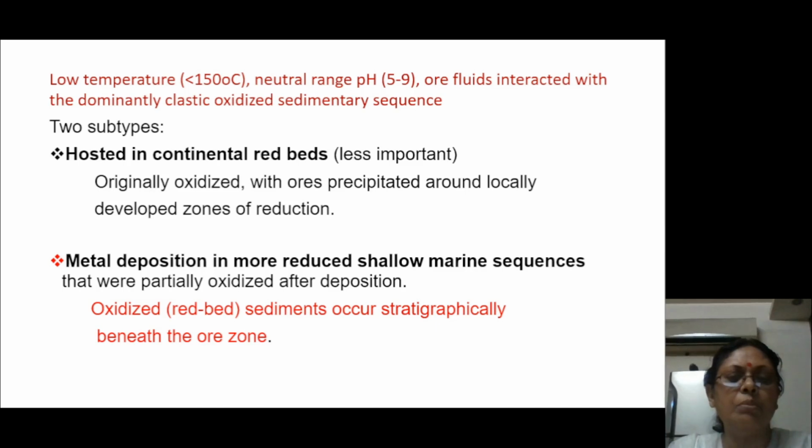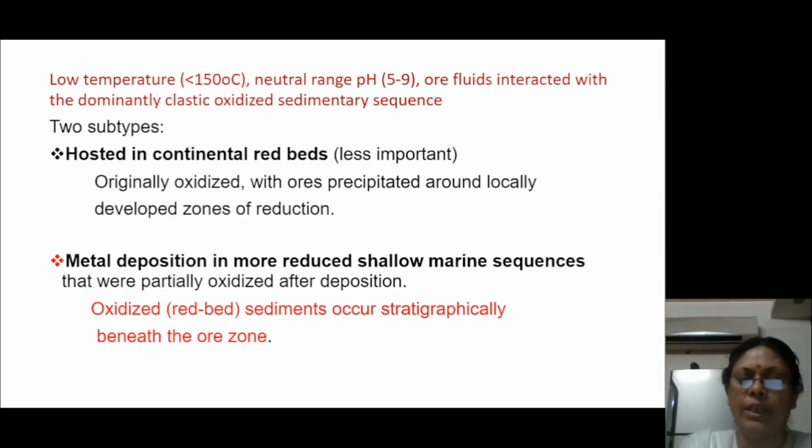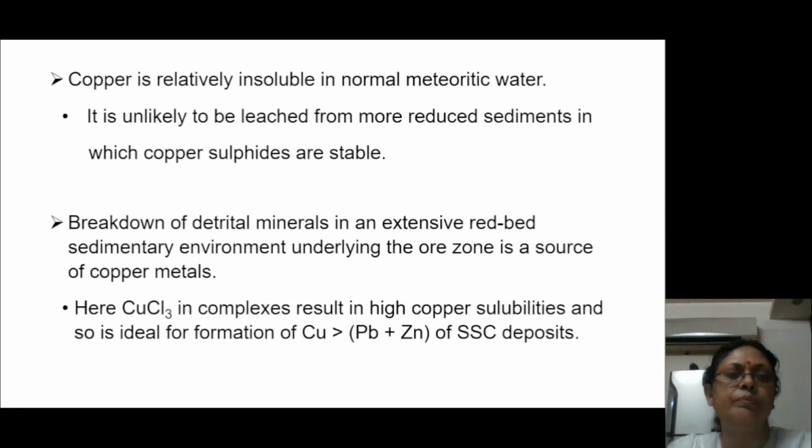Metal deposition in more reduced shallow marine sequences were partially oxidized after deposition. These are also known as red bed deposits, and oxidized red bed sediments occur stratigraphically beneath the ore zone. So the ore zone forms above the red bed, which provides the metal to the circulating brine. Copper is relatively insoluble in normal meteoric water.